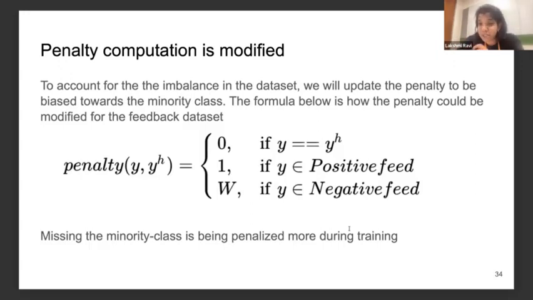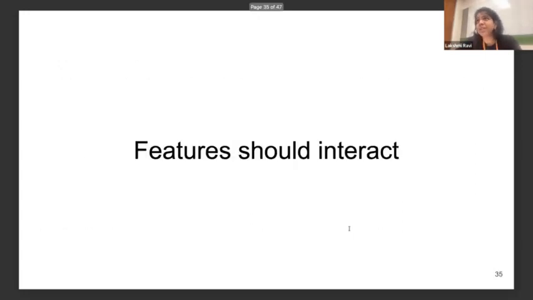This is given as a class weight whenever you are training your models. Random forest has a method to do it, and logistic regression has a way to do it, and so on. The idea here is that missing the minority class is going to be penalized much more, and will be treated with a higher penalty score.